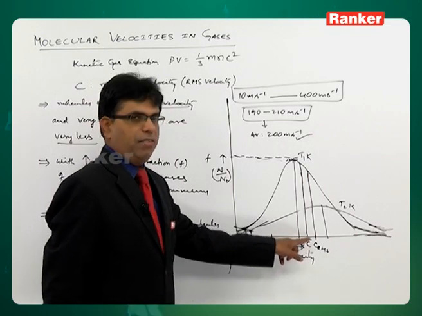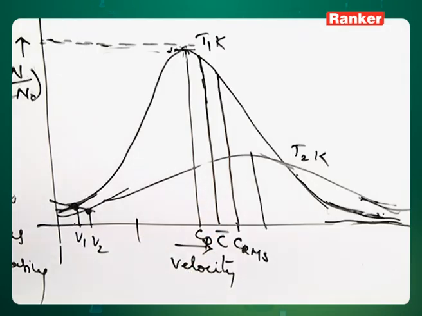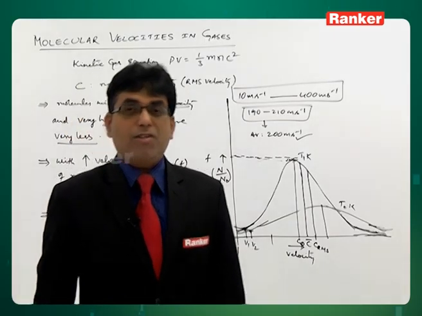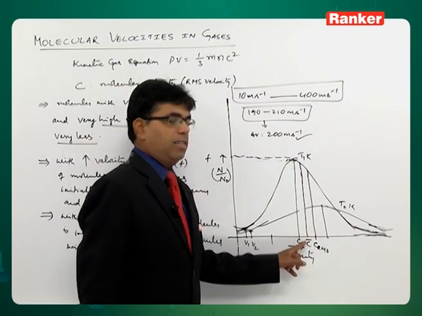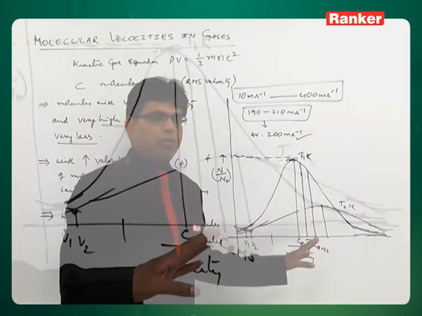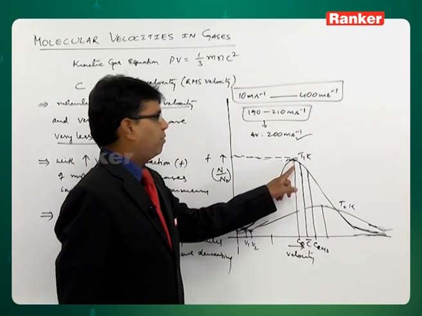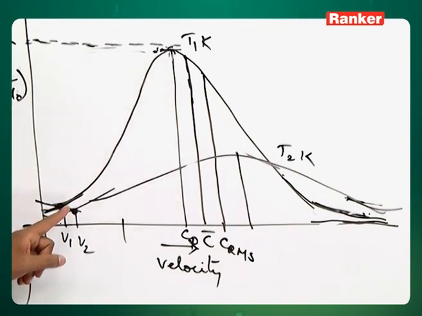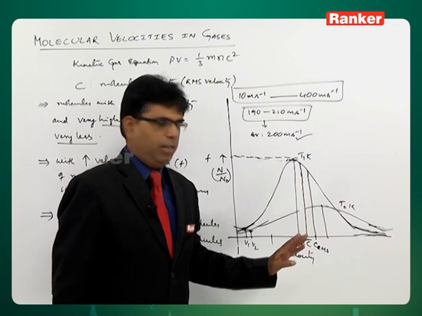Then C bar is the average velocity, which I told you about now: the sum of the velocities of all the gas molecules divided by the total number of molecules. But C bar, as I told, can become 0 also. Cp, no doubt, represents most of the molecules, but definitely it cannot represent the fraction of molecules having very low and very high velocities.